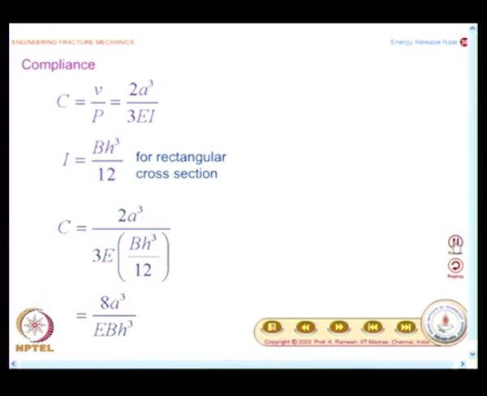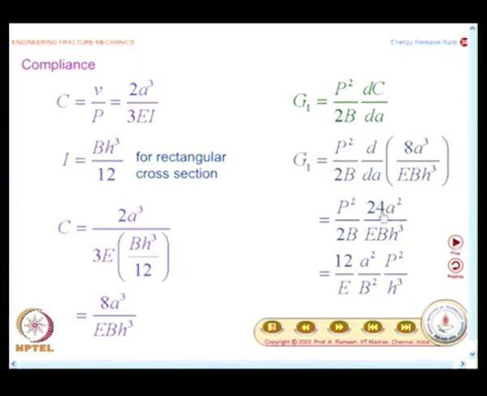Okay, we will now look at the final expression. We know that G is given as P squared by 2B dC by dA. So, when I substitute these expressions and differentiate 8 a cube divided by E B h cube with respect to A, I get P squared 24 a squared divided by 2B into E B h cube, and the expression is recast in this fashion.